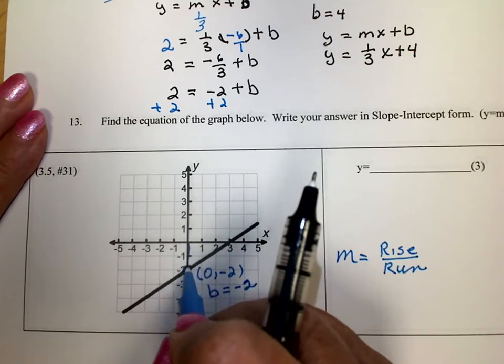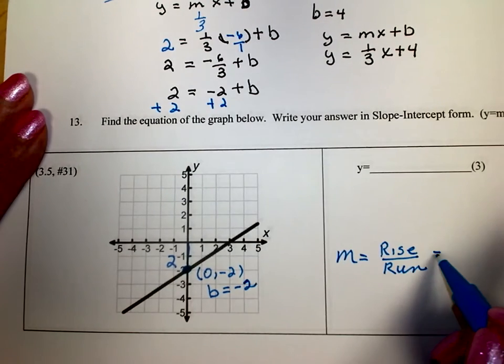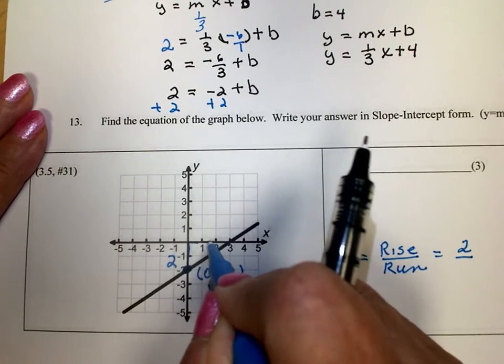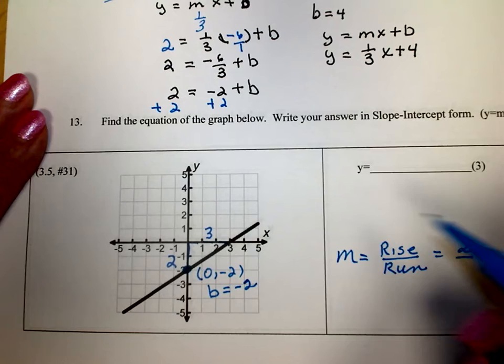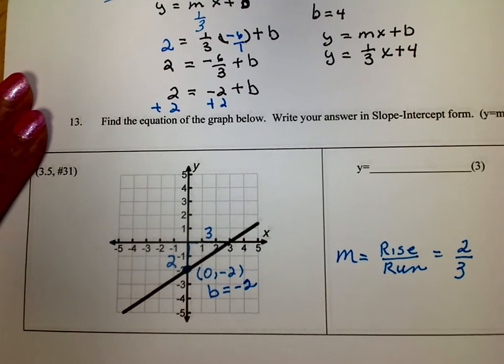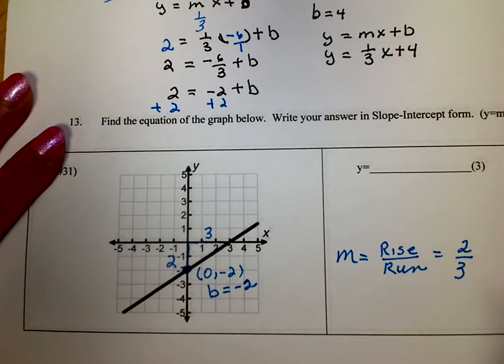This has a rise of 2 units and a run of 1, 2, 3 units. So rise over run is 2/3. So it has a slope of 2/3, and it has a y-intercept of -2.